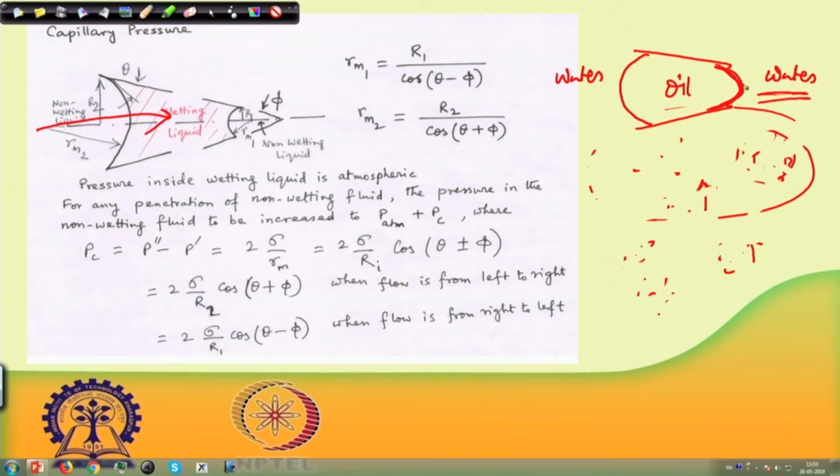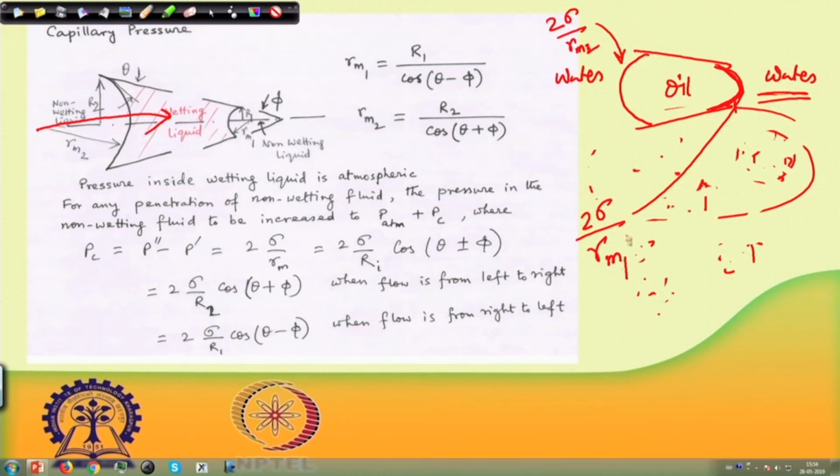When I reduce this pressure, once again this is 2 sigma divided by Rm. In this case, this side it is Rm1 and this side it is Rm2.